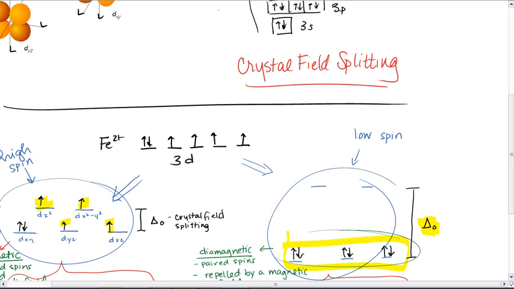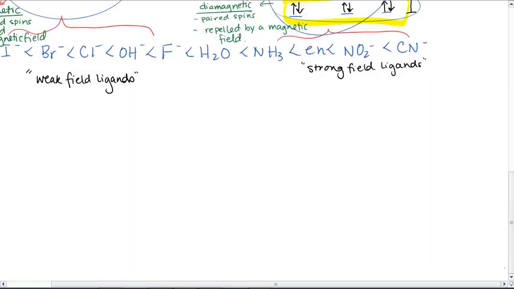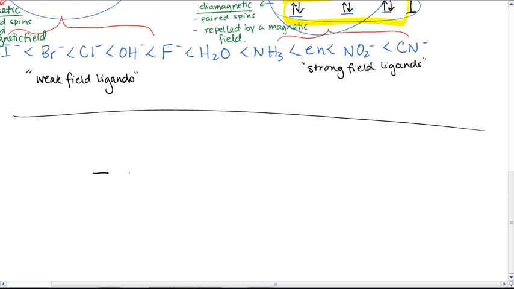So if we go back to what we were just talking about then, let's make that smaller. Let's figure out how that plays a role here. I'm going to look at the low spin complex for a moment for iron. So here's my iron. We're talking about the low spin, so it's going to have a larger crystal field splitting here.